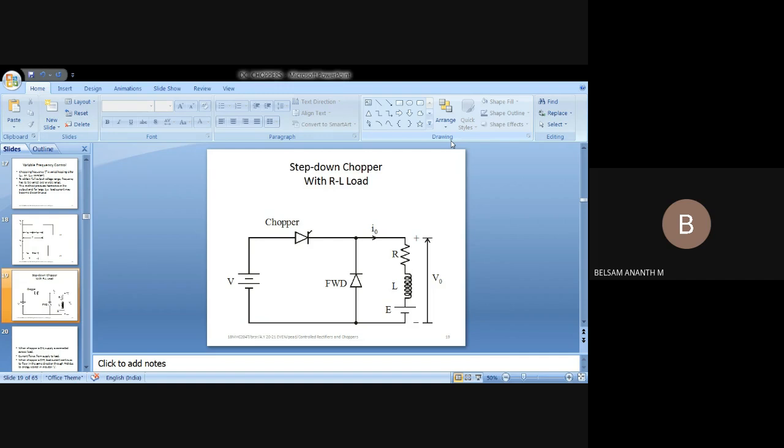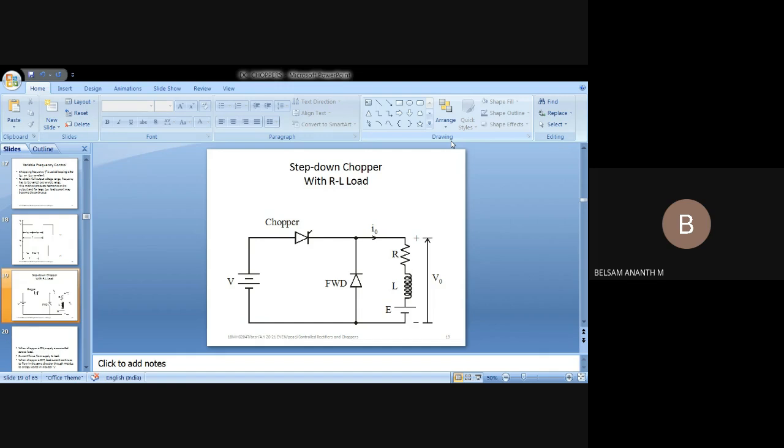We do not know, but if you have a toolbox in your system, you can try that. There are various toolboxes available, one maybe called just power electronics. If you go there, you will get all these components. Then you just place them, connect your scope on the output side, find the output voltage on the screen, and you can change the value of your resistor, inductor or even the diode.